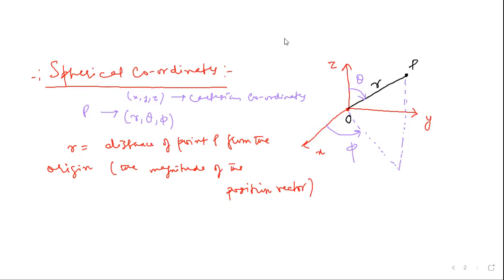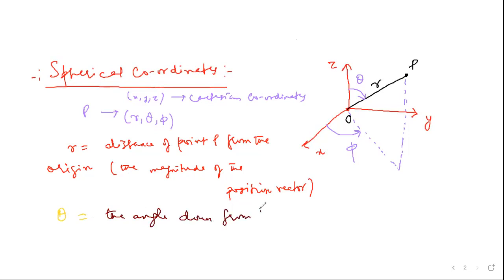Then there is another thing, theta. What is theta? This color is dim. Theta is the angle down from the z-axis.